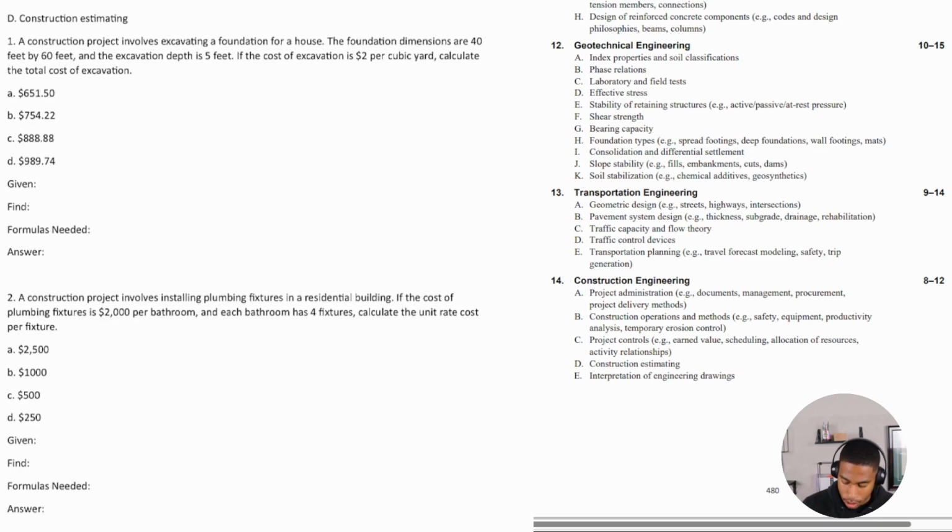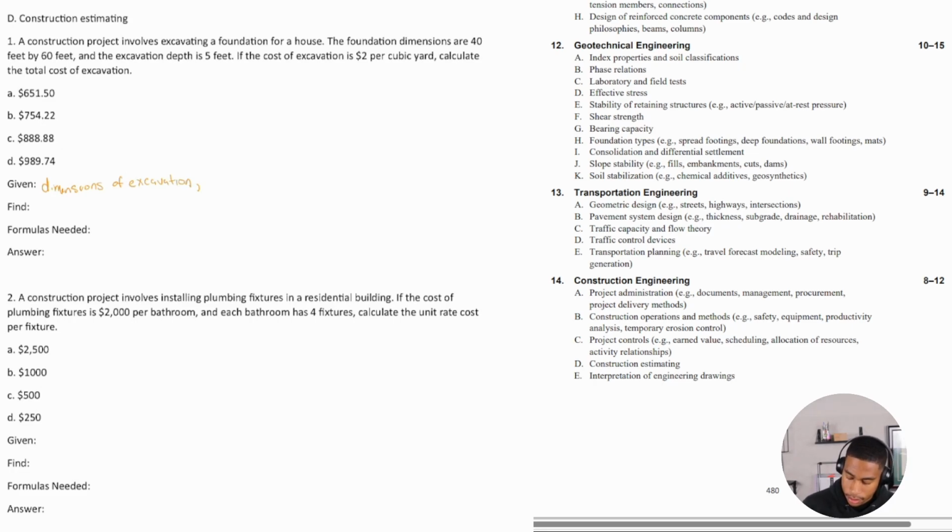What information are we given? Well, we're given some dimensions of the excavation. Specifically, looks like a length, a width, and a height, or a length, a width, and a depth. All right. What else are we given?